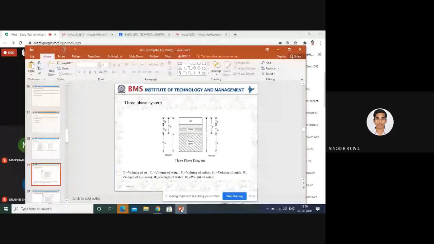Next, the total Wa plus Ww plus Ws we call the total weight of the three-phase diagram.